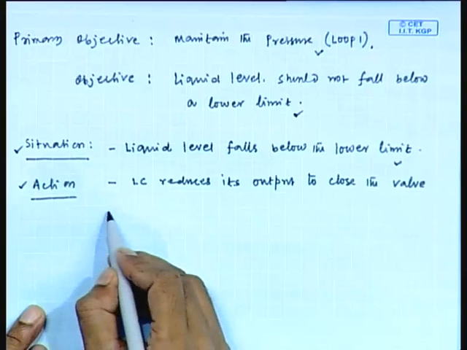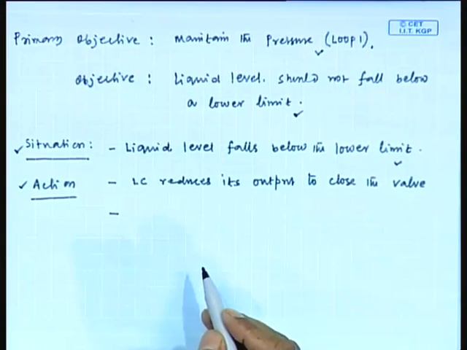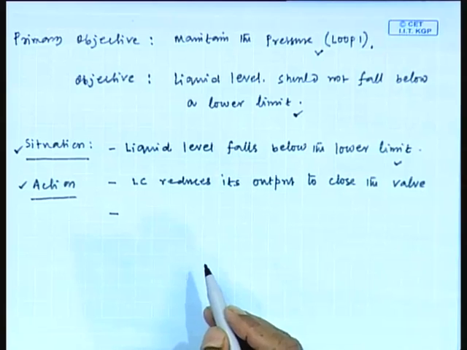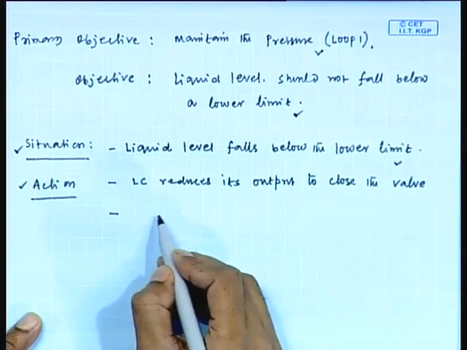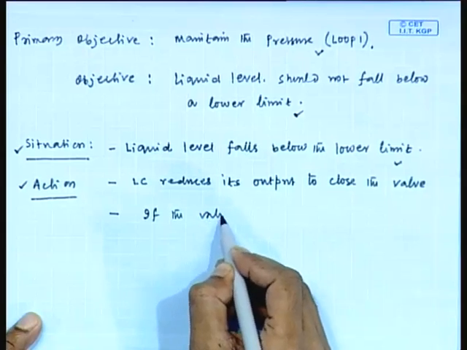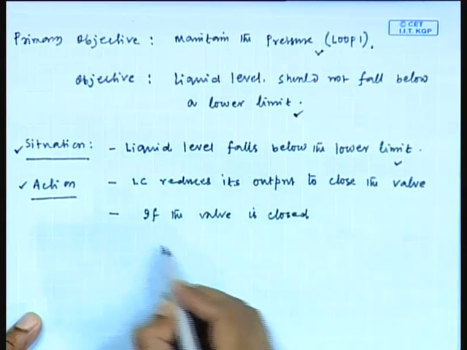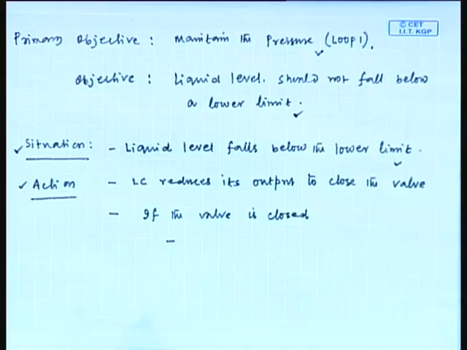Now, can you explain why the level controller attempts to close the valve? If the valve is closed, what happens? The pressure inside the boiler increases.